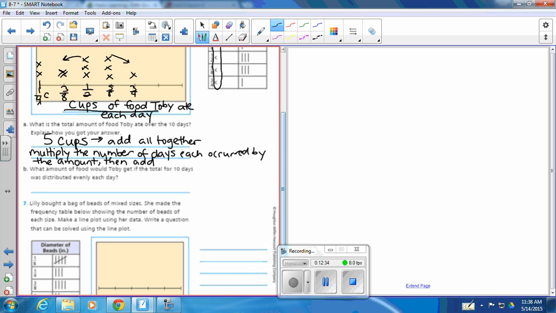Yes. So our middle amount, he would get 1/2 cup each day, because it's going up evenly each time. So if we were to even it out, this one will move over there, that one will move over there, or we can count 1, 2, 3, 4, 5, 6, 7, 8, 9, 10. Where the middle one is would be 1/2, so he'd get 1/2 cup each day.